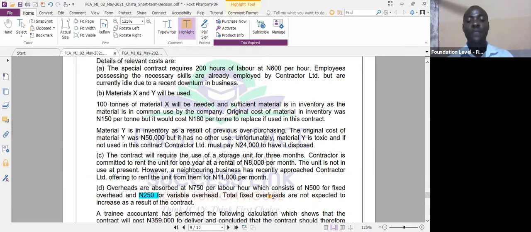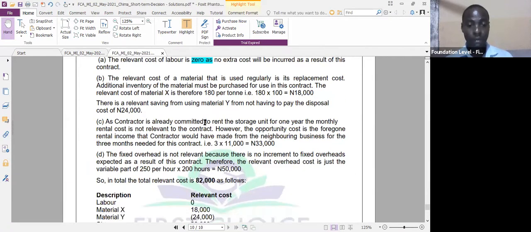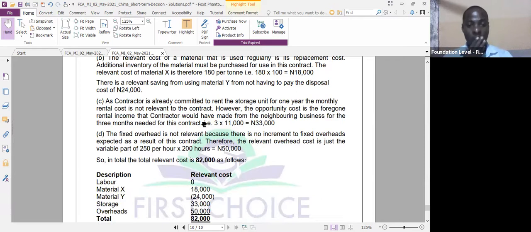Total fixed overhead is not expected to increase as a result of the contract. So let's see what's happening here. 200 hours multiplied by 250 naira gives you 50,000 naira.